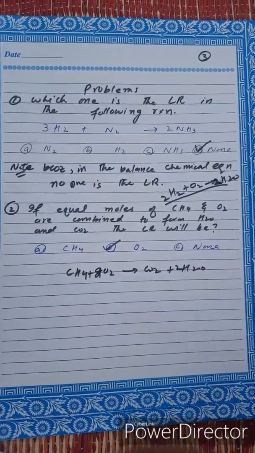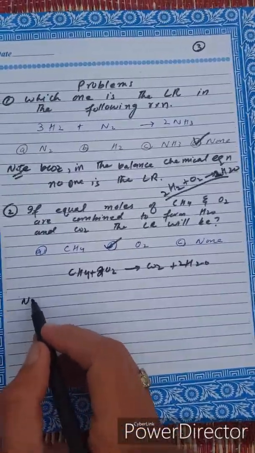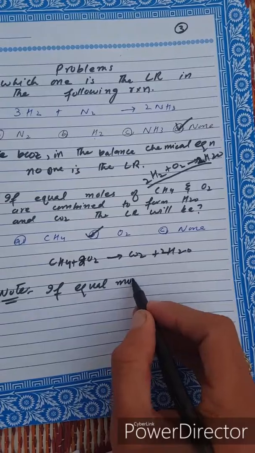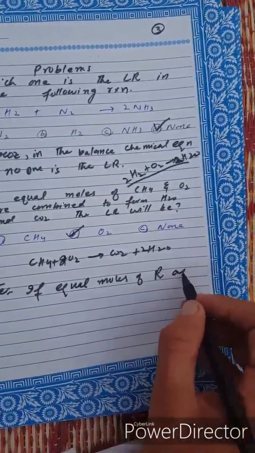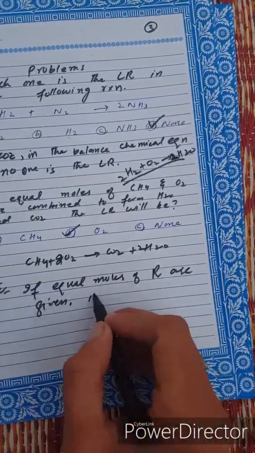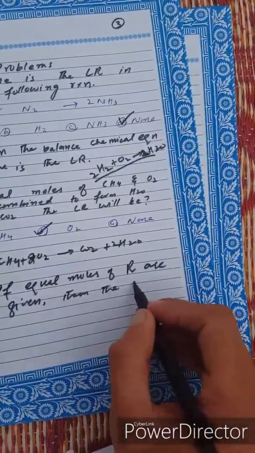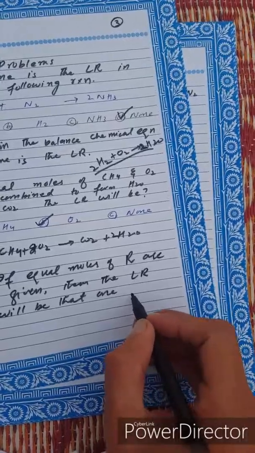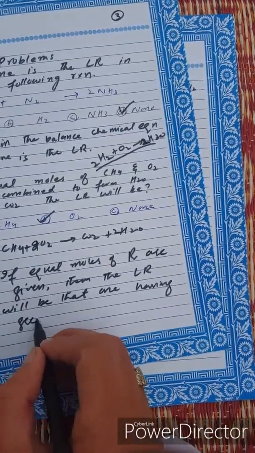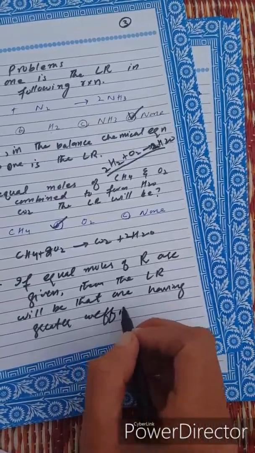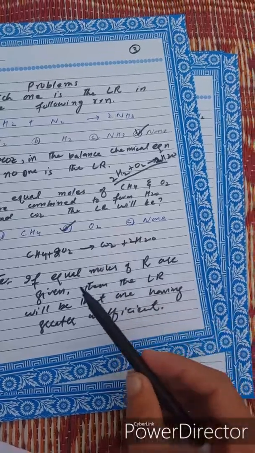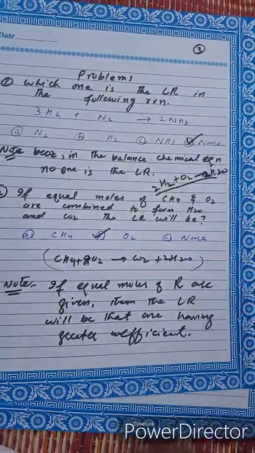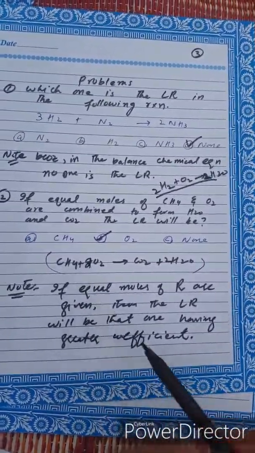Here is a trick for it. Note, if equal moles of reactants are given, then the limiting reagent in that reaction will be the one having the greater coefficient.